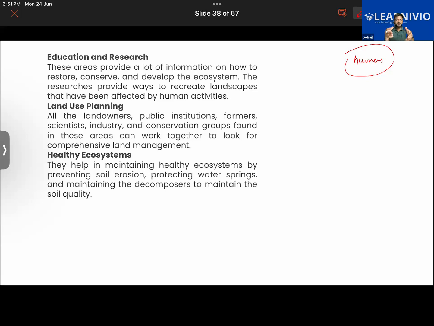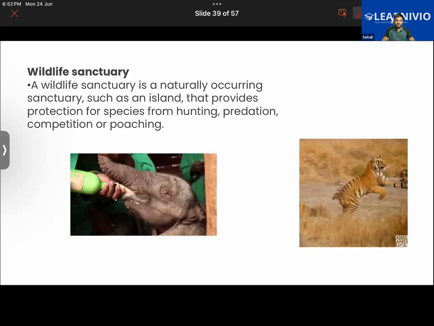The water holding capacity of the soil will also decrease if there is no plant in that area, which may lead to flood. Getting it, guys? So that's why it is mentioned that it helps in maintaining a healthy ecosystem by preventing soil erosion.